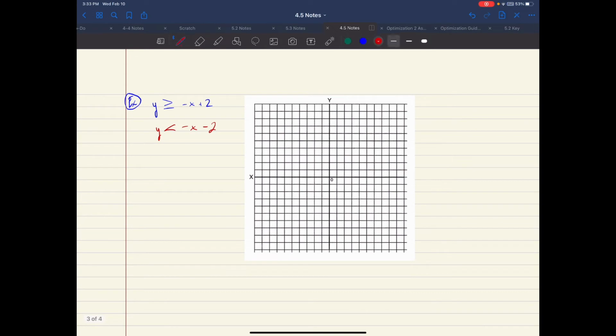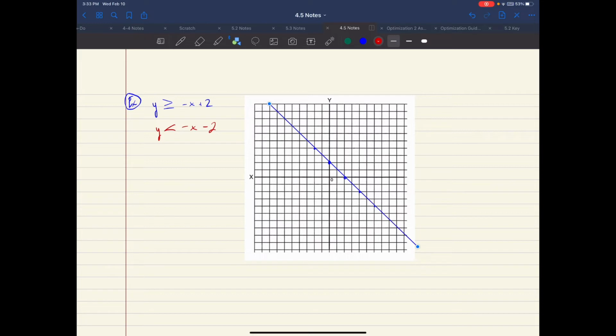Okay, next one. Again, they're pretty much all the same. For the blue line, we're going to go to 2 and apply that slope of negative 1. Draw a line. This isn't really much different than last week, except it's basically just 2 problems in one. That's a solid line.